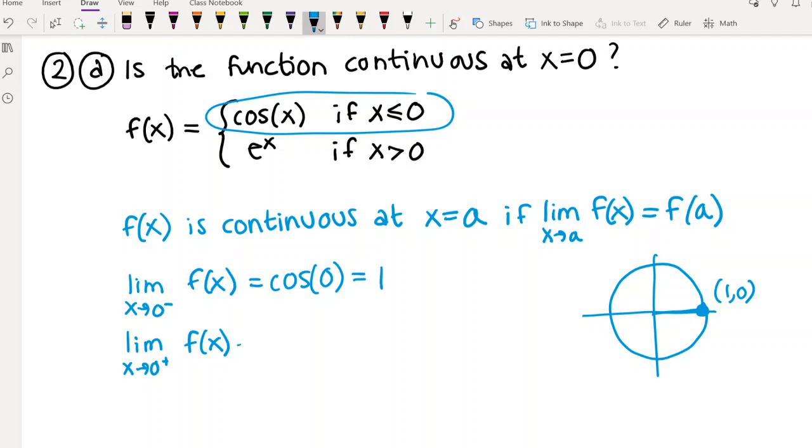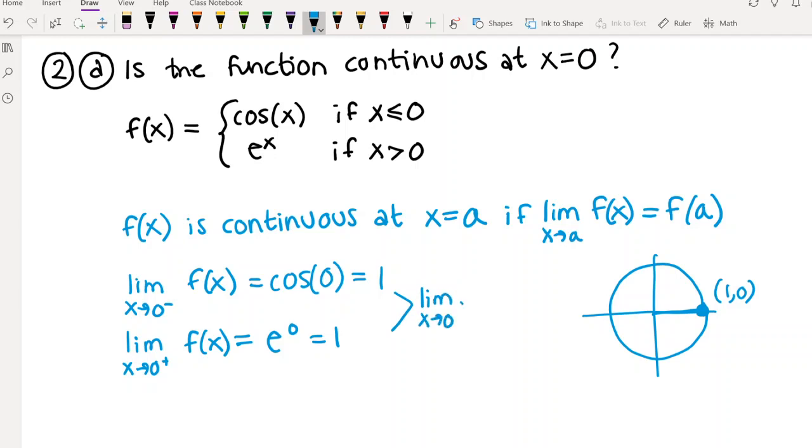And then if we are going from the right, we're going to use the bottom equation, because that's the part that you would use when you have values that are above 0. So now we plug in 0 to e to the x, and you also get 1. Together, these tell us that the limit as x approaches 0 of f of x is equal to 1.